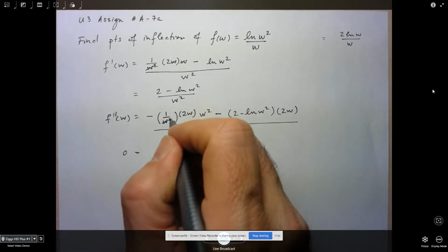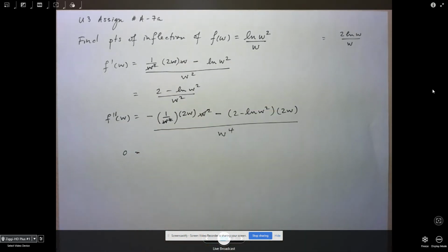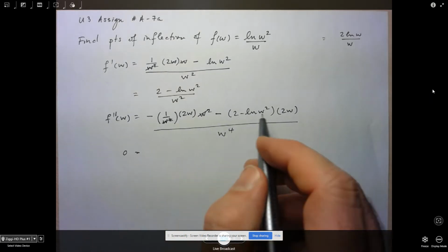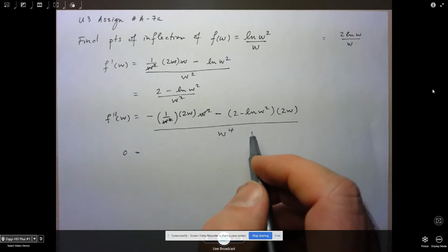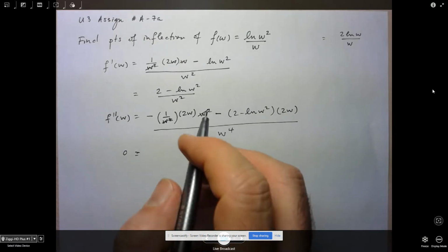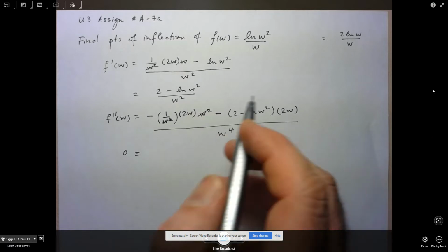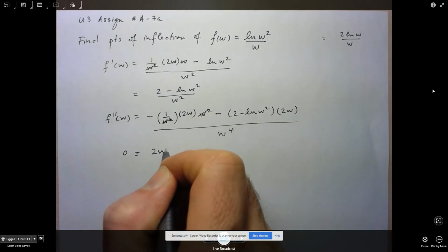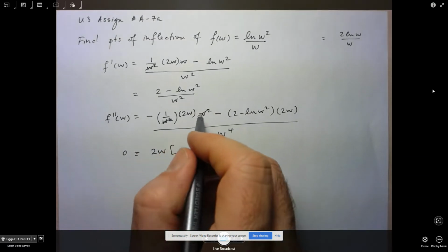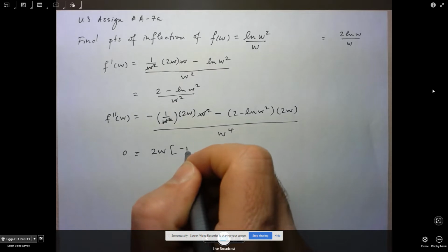So I have a w squared and w squared, which cancel out. Okay, so let's work with the numerator here. I've got common factors because I've got a 2w and another 2w, so I'll take those out. And what are we left with here? Well, the only thing we're left with is negative 1.